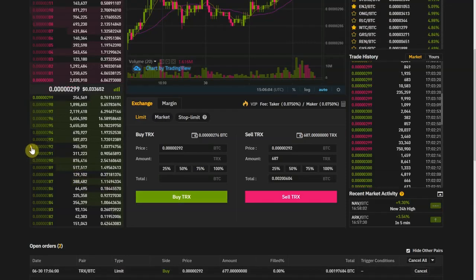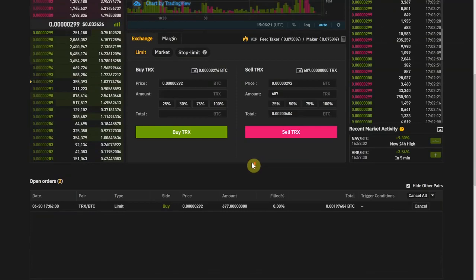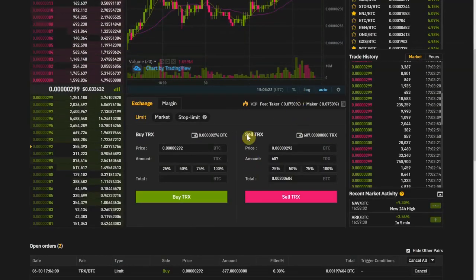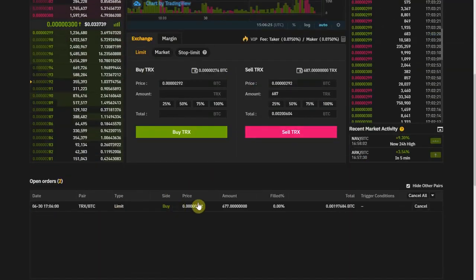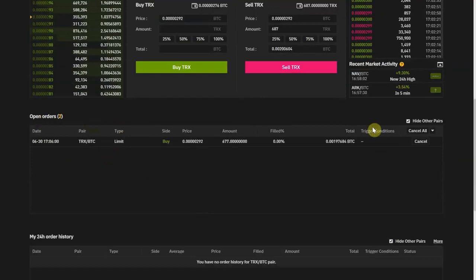So now you see your order. You have this indicator here. Your order is inside this 355k TRX tokens. Your order is right here. So you have to wait for all this to clear until your order gets filled. And you have here your open orders. Apparently I have another pair.